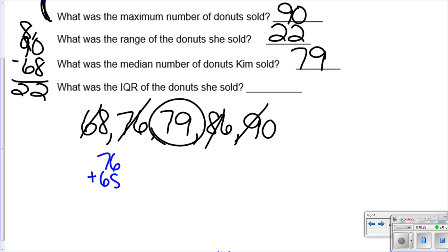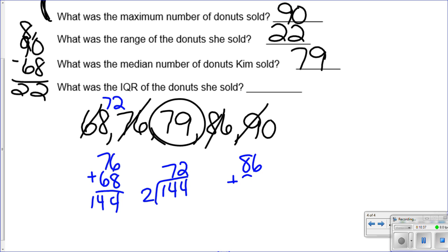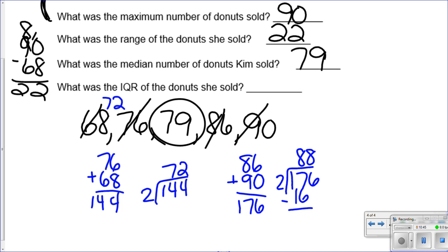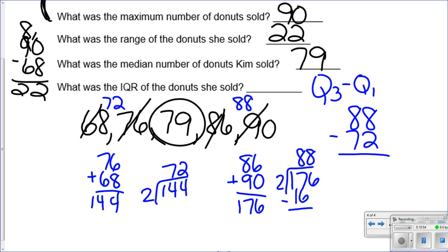Add those together, 144 divided by 2 is 72. 86 plus 90, 176 divided by 2 is 88. Q3 minus Q1, 88 minus 72.